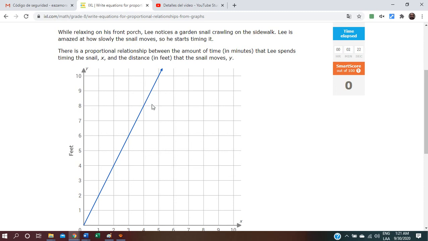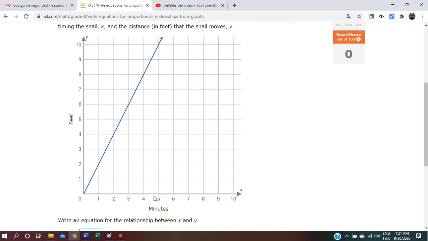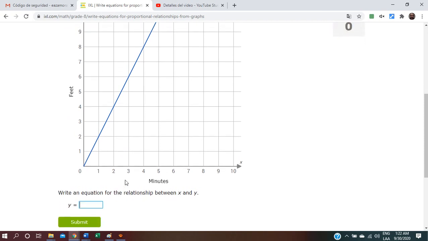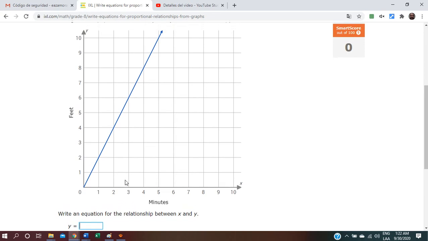There is a proportional relationship between the amount of time in minutes that Lee spends timing the snail, x, and the distance in feet that the snail moves, y. So we have to write an equation for the relationship between x and y.